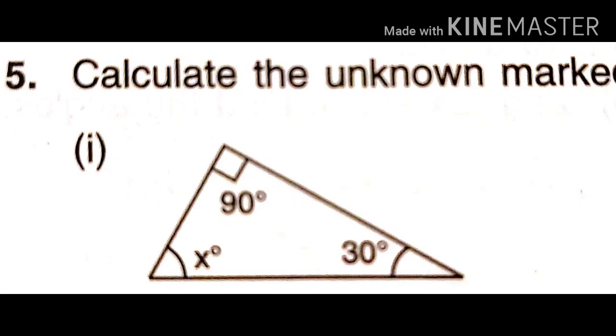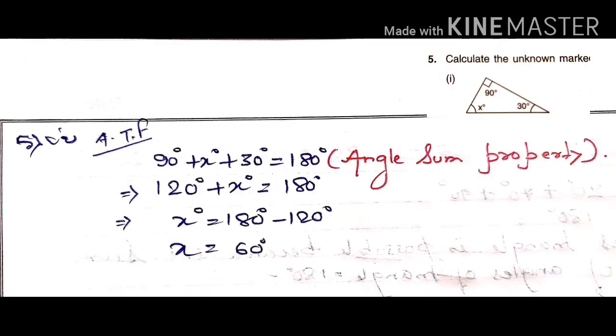Calculate the unknown angle x. 90 plus 30 plus x is equal to 180 degrees. See the solution. I have told you, 90 plus x plus 30 is equal to 180 degrees. Angle sum property, 120 plus x equal to 180 degrees, therefore x is equal to 60 degrees. Okay, angle sum property.